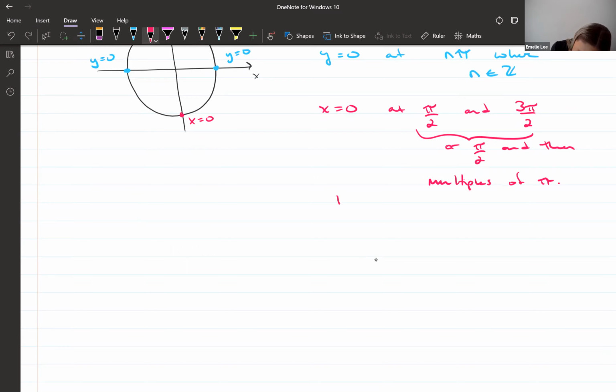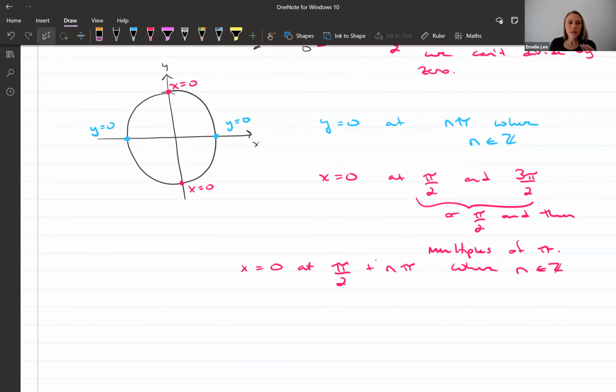So what we say is we have pi over 2, so x equals 0 at pi over 2 plus n pi, where n is in the set of integers again. Okay. So we use this to establish our domains, right?